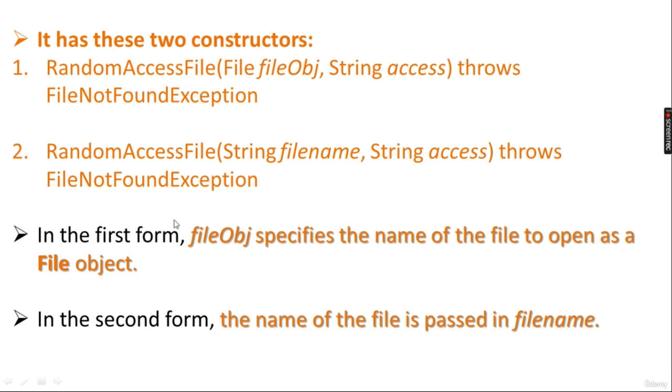So these are the two constructors of RandomAccessFile. In the first form, fileObj specifies the name of the file to open as a File object. In the second form, the name of the file is passed as a filename. The first has a file object, the second has a file name.